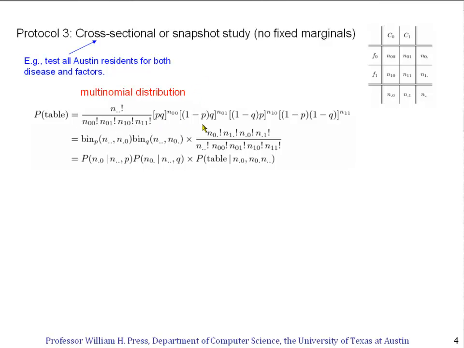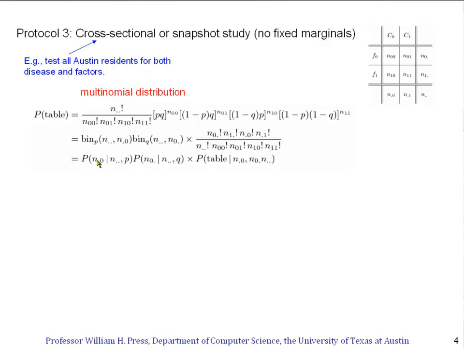And so the probability of the table, I've here just written out the multinomial distribution. Now, surprise, if you play around with this and try to pull out that hypergeometric probability that was common to protocols 1 and 2, you can do it. And you get the hypergeometric probability, the same one that we saw before, and we're calling that the probability of the table given the marginals.